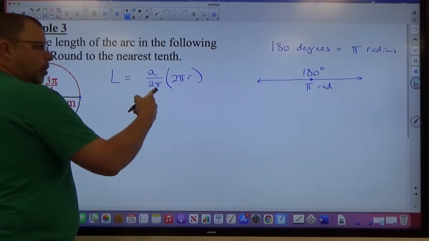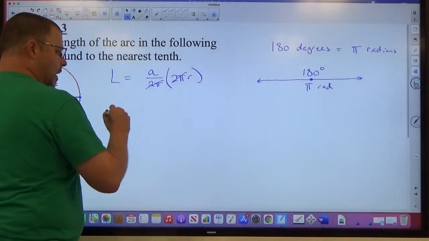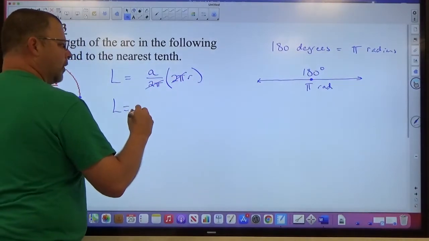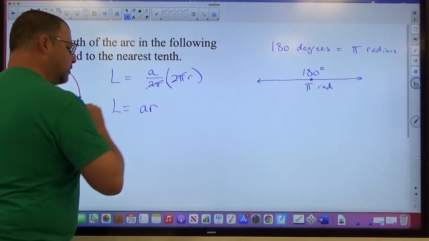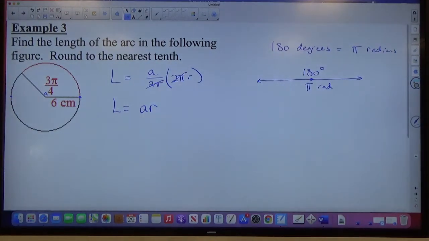Notice A over 2 pi times 2 pi r. 2 pi cancels 2 pi. So the arc length formula in this case is going to be A times r. It's a very, very simple formula. Again, it's created the exact same way, but there's simplification possibilities there.